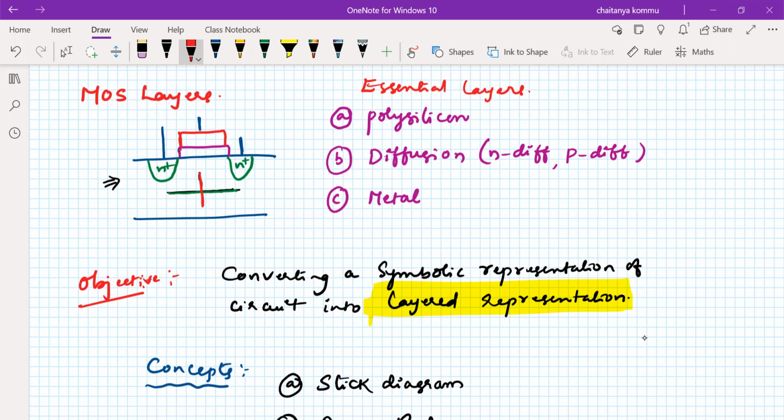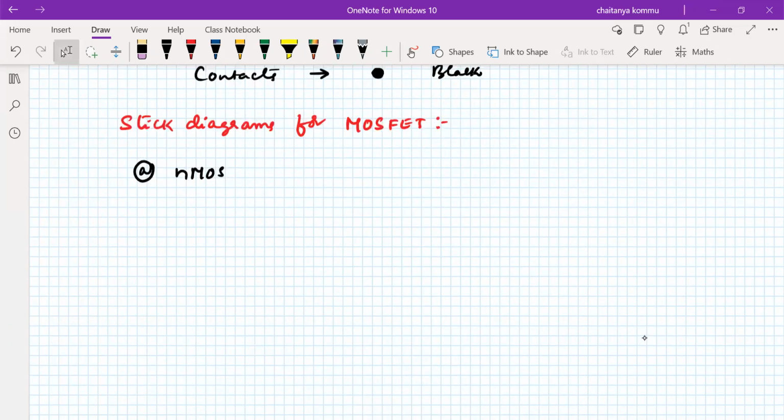Right? So what is the symbolic representation of this device? Something like this. Okay, so this is an NMOS transistor in symbolic form. But now in the stick diagram, we can say that this is the source, this is the drain, this is the gate. Diffusions are at source and drain. That means diffusions are in the horizontal position, one line. The thickness and how much length is not a matter here, but we draw it in a meaningful way.